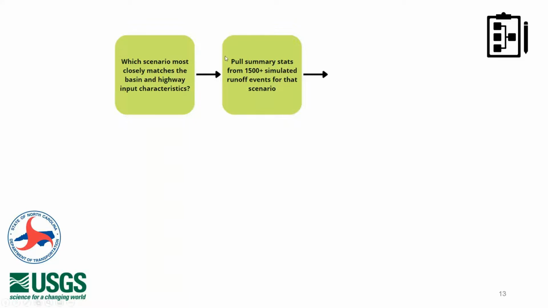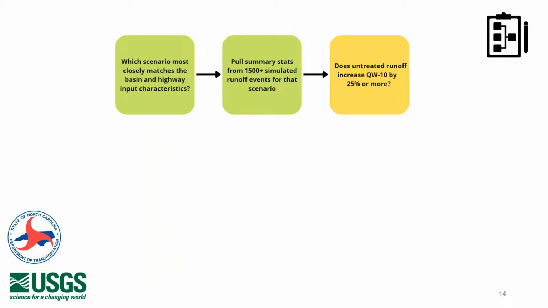And then from there, it pulls the summary statistic that is generated from each of the 1,500 events for that specific scenario. And then we basically ask a yes or no question of that summary statistic. Does the untreated runoff cause the QW10 statistic to be 25% or more? QW10 is a statistic we generated in cooperation with the regulators and DOT.